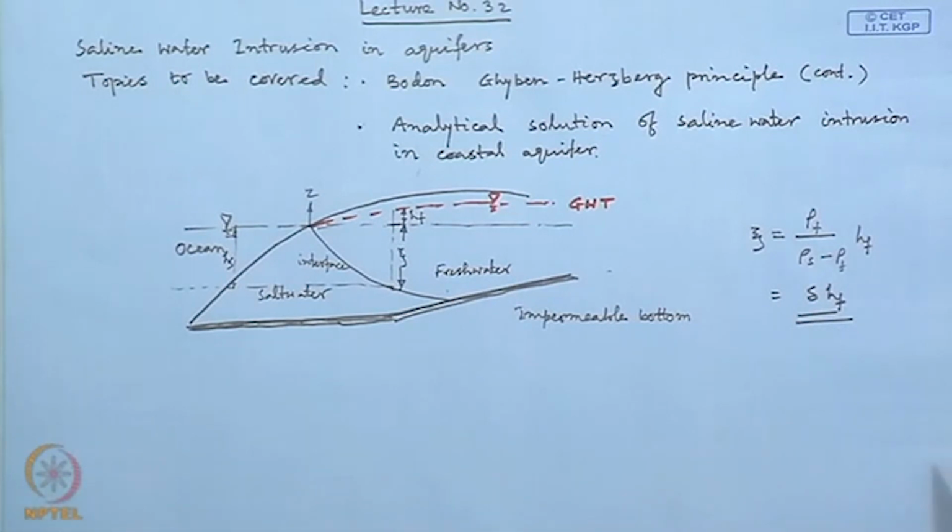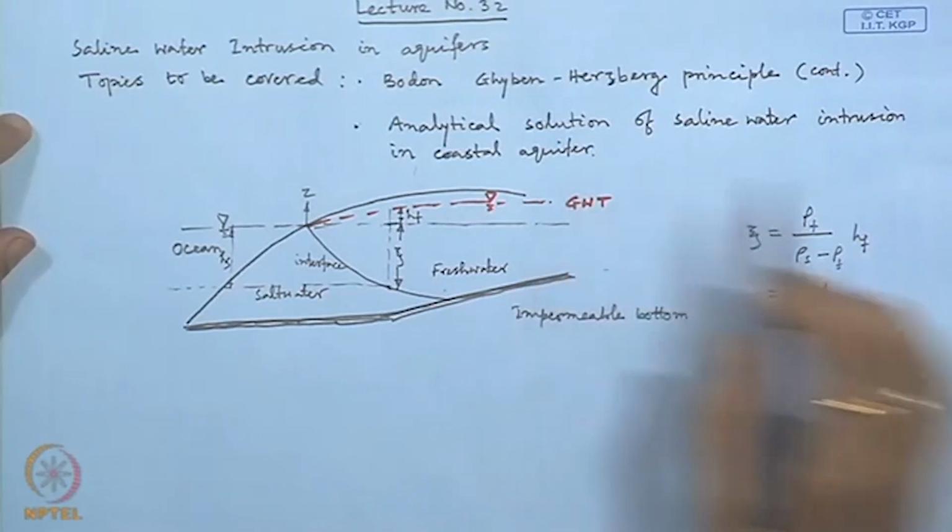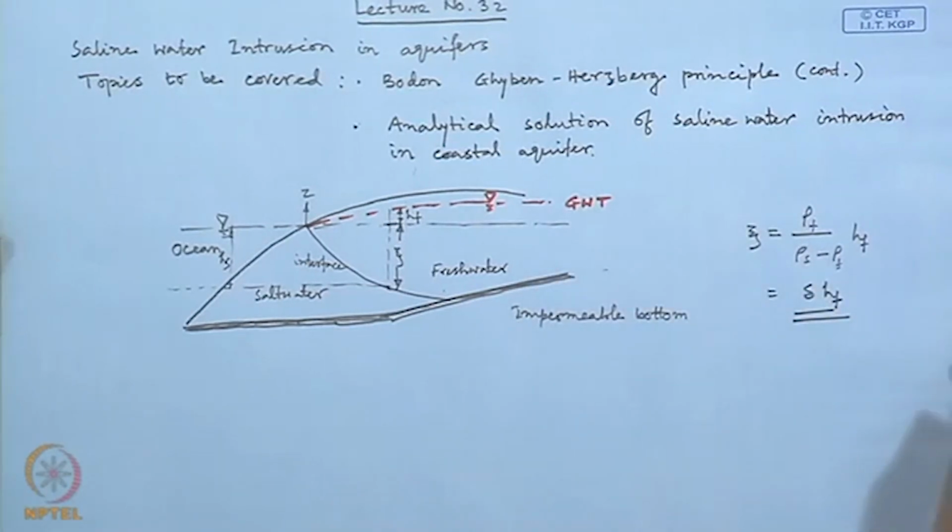So, first of all, let us see how to use this Bodon, Ghyben, Herzberg principle in the field to identify the salt water intrusion in coastal aquifers.